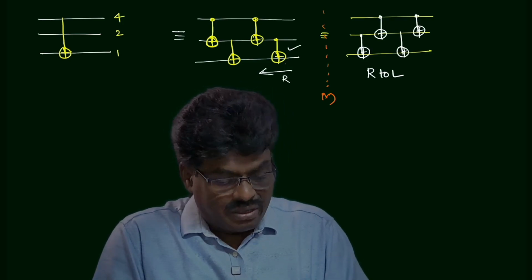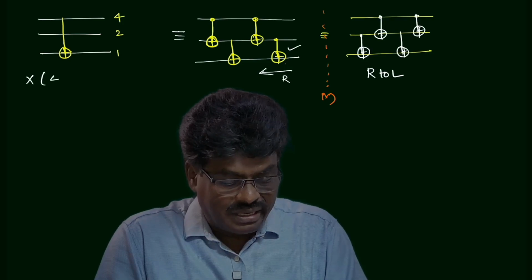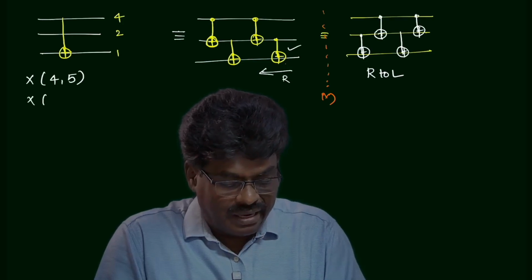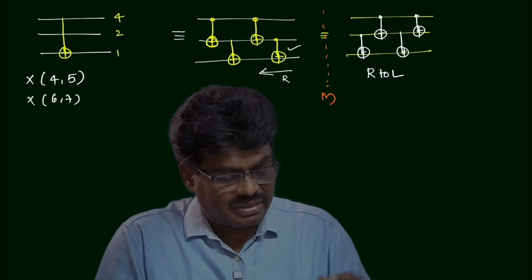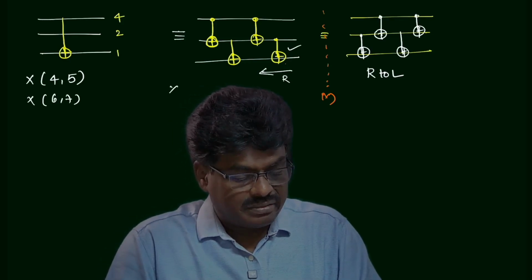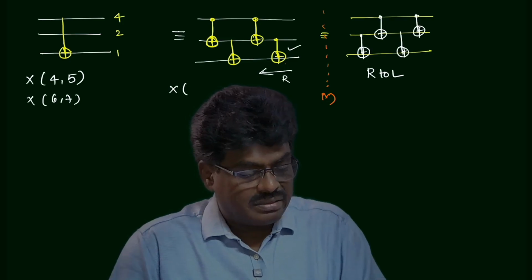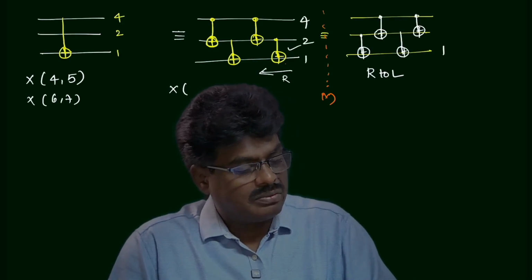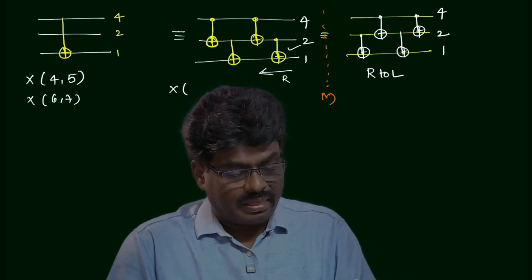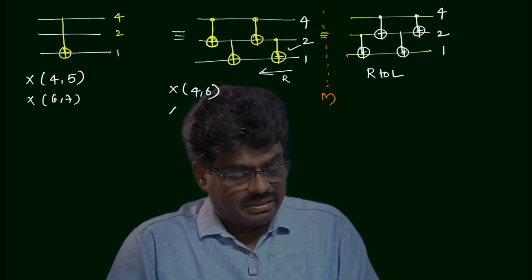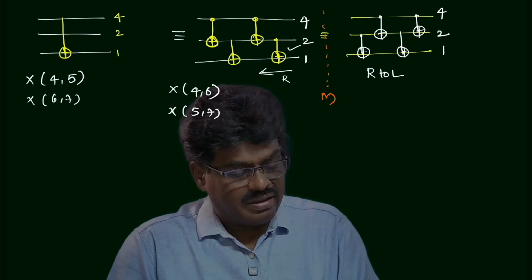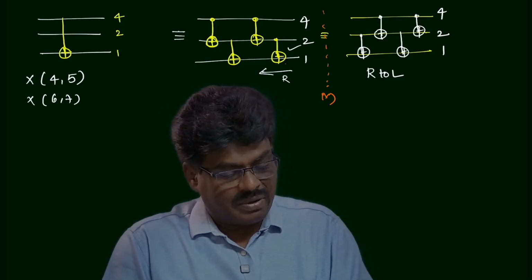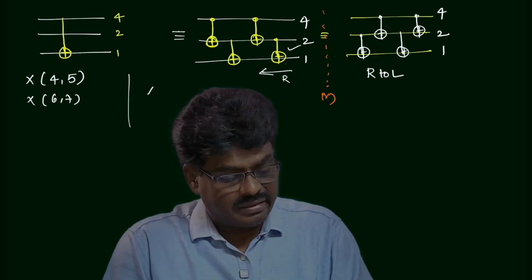Okay, so now I'm taking the first one, that is x 4 comma 5 adding to 6 comma 7. Next here combination is there, x 1 2 4 1 2 4, x 4 comma 6 add 1 5 comma 7. So many are there, that's why I'm taking a little bit this side.